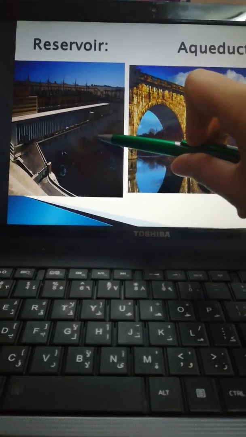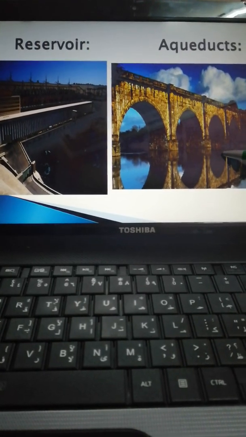This represents a reservoir and this represents aqueducts.